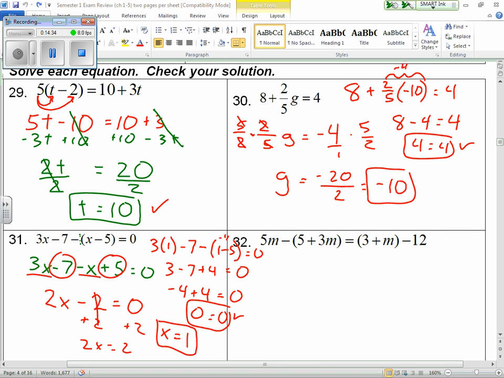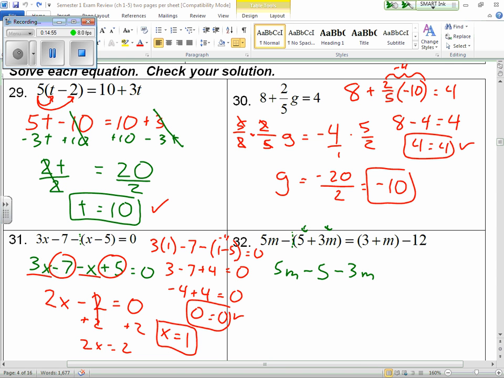32. Again, I need to distribute this negative across the items inside. So I get 5m, and then -1 times 5 would be a -5, or minus 5. -1 times 3m would be a -3m, so I'll write minus 3m.